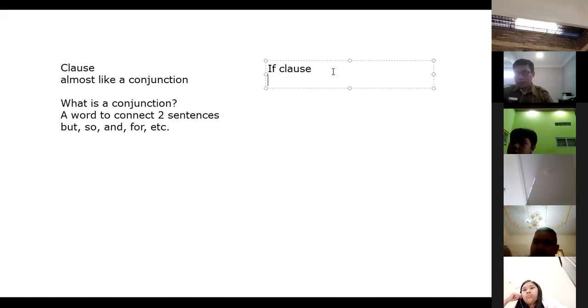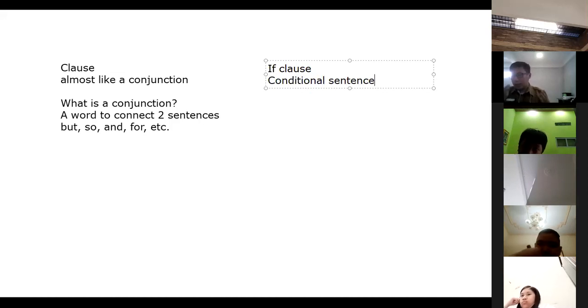You have a condition. So the if clause in the conditional sentence is inside the conditional sentence, which means it has a condition for that sentence to happen. If blah, blah, blah this, then blah, blah, blah that. That is the if clause. That is the conditional sentence.